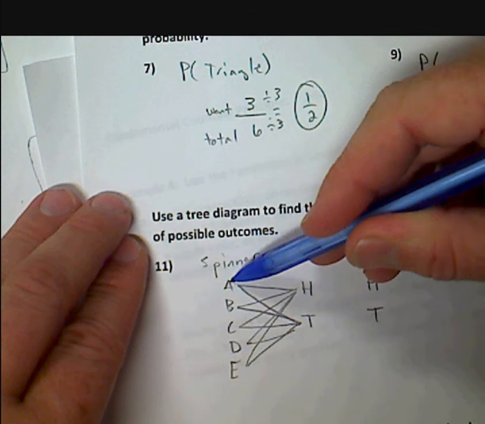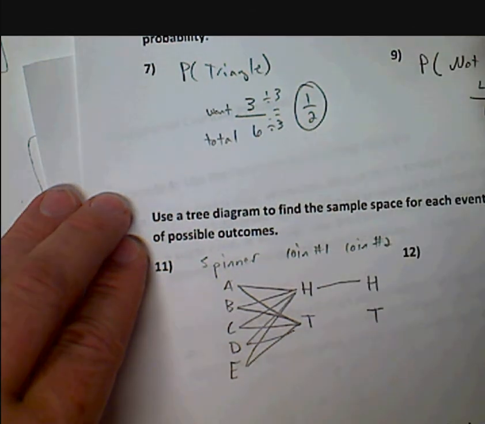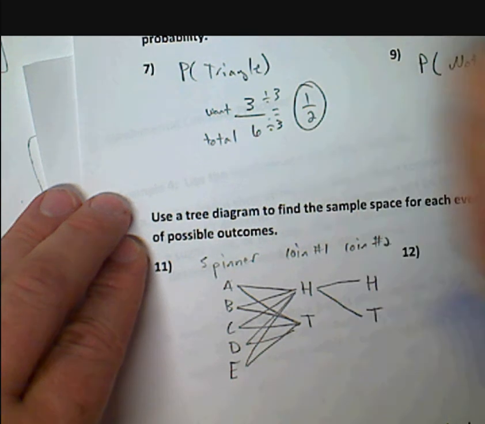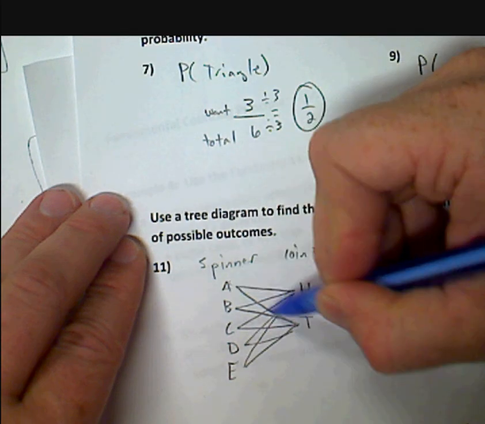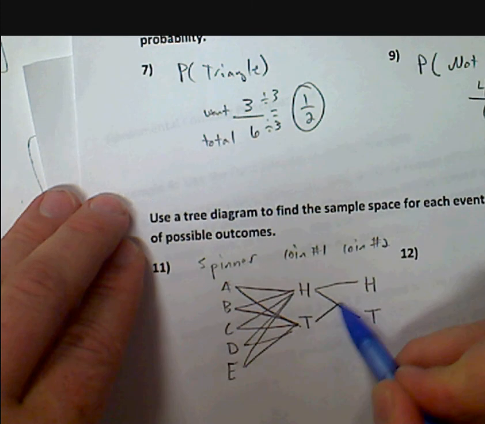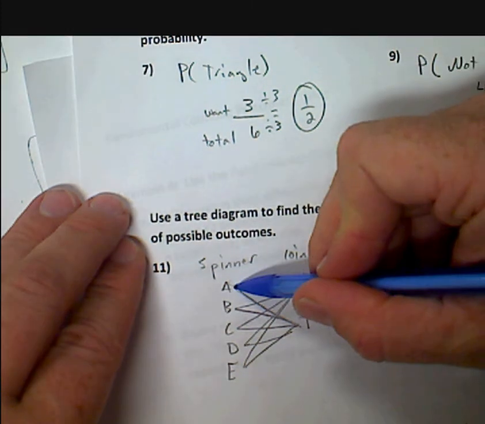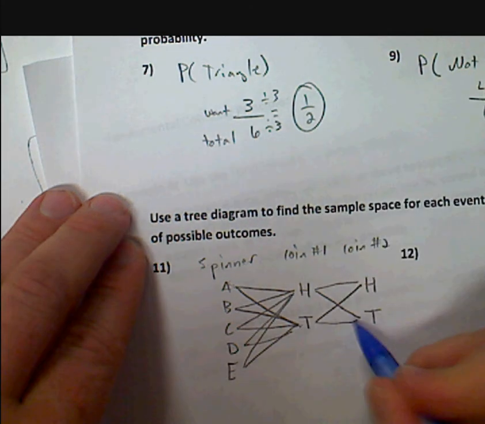So, I spin A, flip heads, I could hit heads. Spin A, hit heads, I could flip tails. Or I could spin A, tails, and then flip heads. I could spin A, flip tails, flip tails.